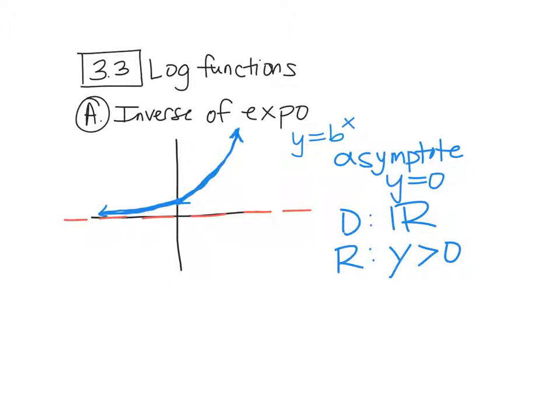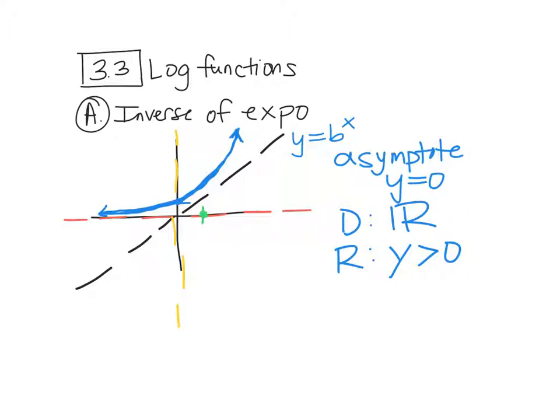A log graph is going to be the inverse of an exponential graph. And if you remember, the inverse is always a reflection over the diagonal y equals x. So instead of this point being (0, 1), it's now going to be (1, 0). Instead of having an asymptote at y equals 0, our asymptote is now going to be x equals 0.